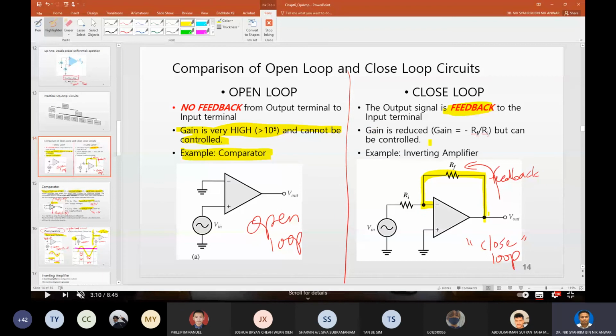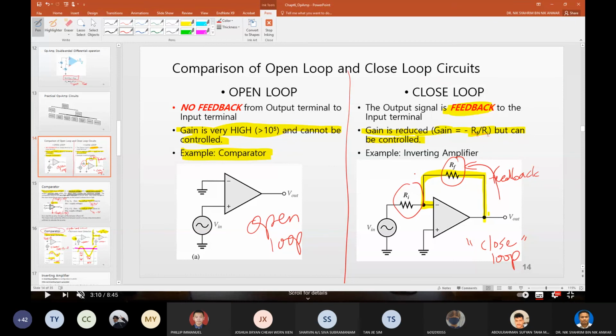So you see here, if you do feedback for this type of circuit, instead of a ridiculously high value, the gain is now defined by the ratio of the feedback resistor versus the input resistor. So if the ratio is 100, then the gain is 100 instead of 200,000.